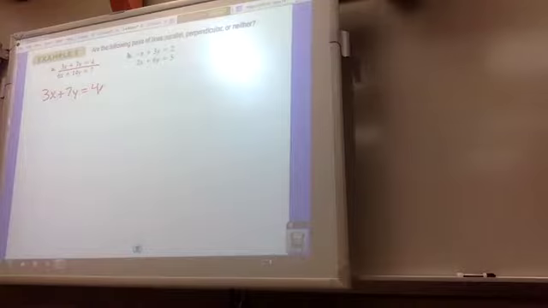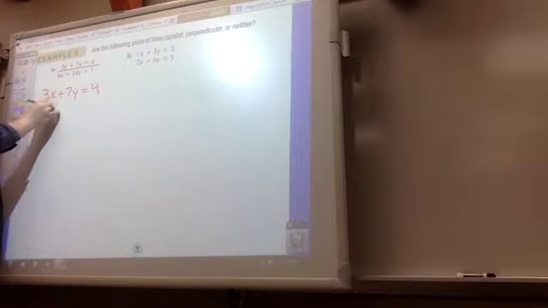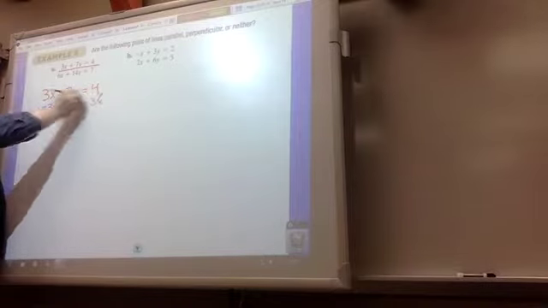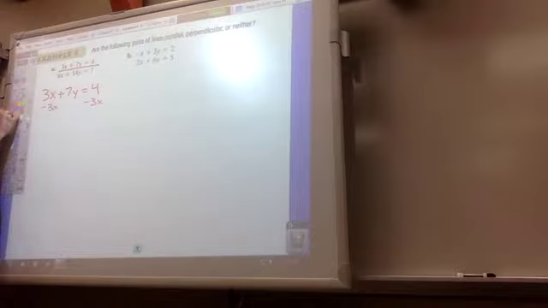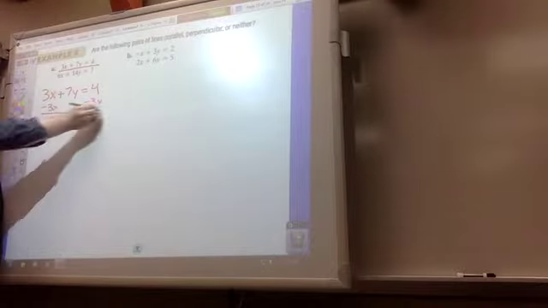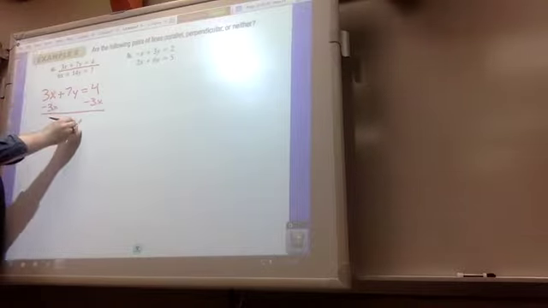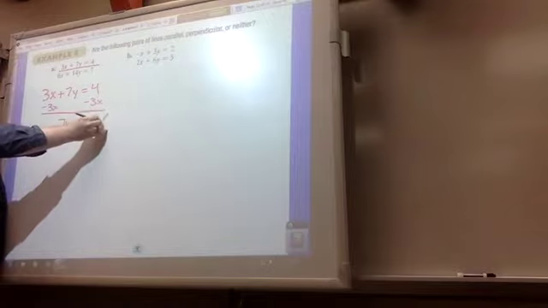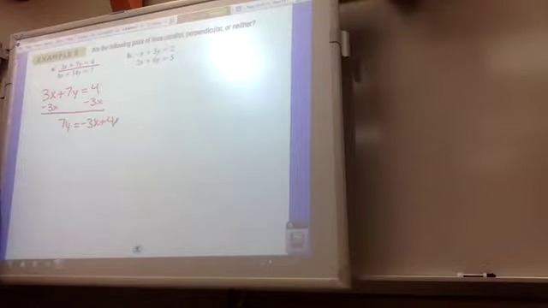Just like we did in the last couple of examples, subtract the 3x over. I get 7y is equal to negative 3x plus 4. Divide everything by 7.